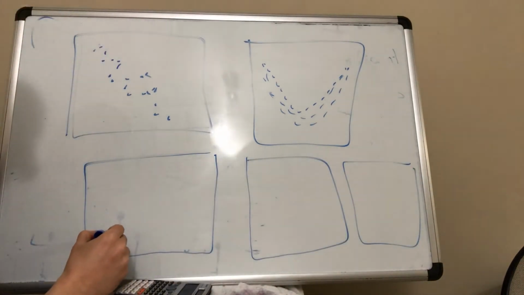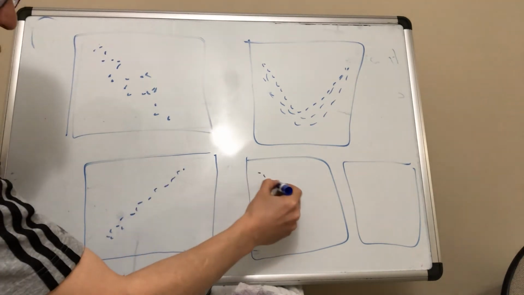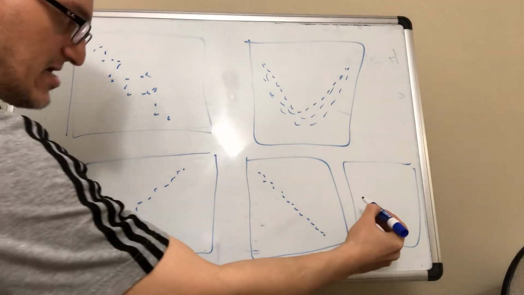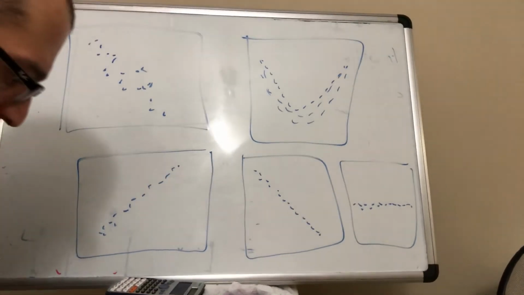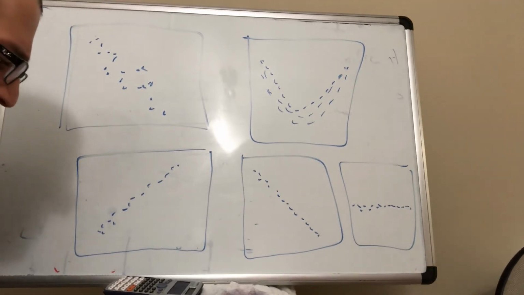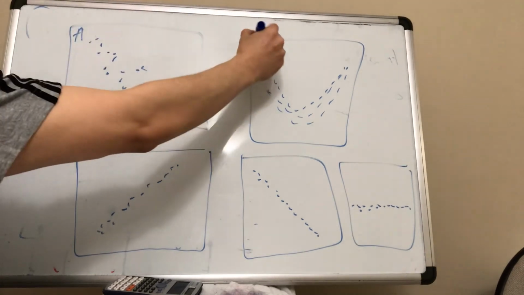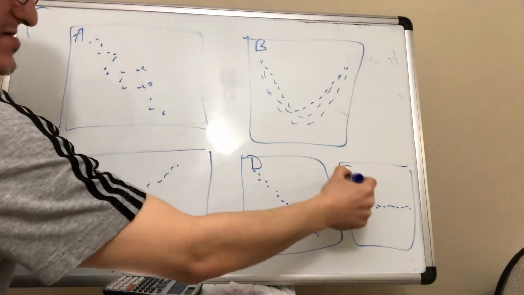I'll do one where it's like this. I'll do one going down like this. And I'll do one like this. And the question for all of them, let's say this is graph A, B, so these are the only two given, but I thought I'll give you more.